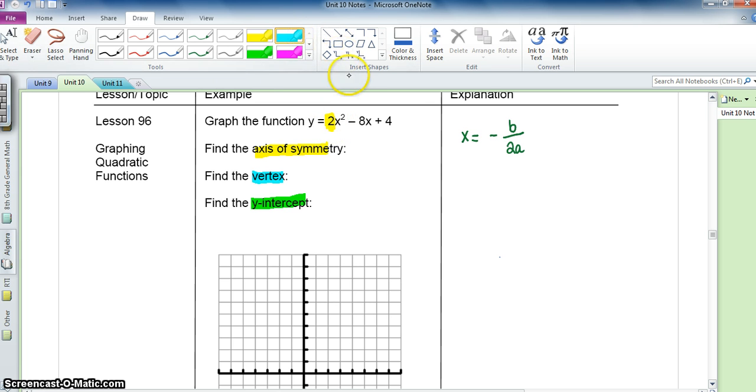B is always what's being multiplied by the x, like the negative 8. So I'm going to substitute my values in. If b is negative 8, I'm going to put the negative 8 in for b. If a is 2, I'm going to take that 2 and put it in for a.